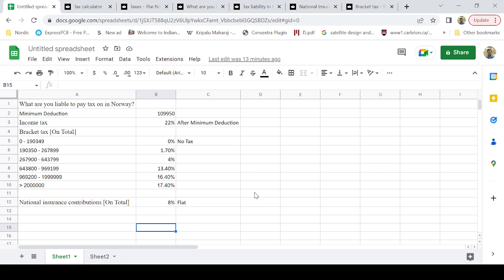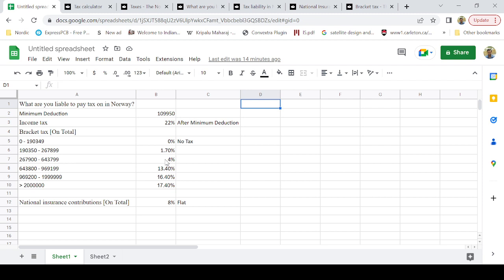If you are less than or equal to 6,43,800, you can opt for the pay scheme, that is pay as you earn, and your tax will be 25% flat. So there will be no bracket tax, no general tax and no social security contribution. If you are earning less than that amount, you can just pay tax at 25%. But if you are earning more than that, then you need to calculate your tax.